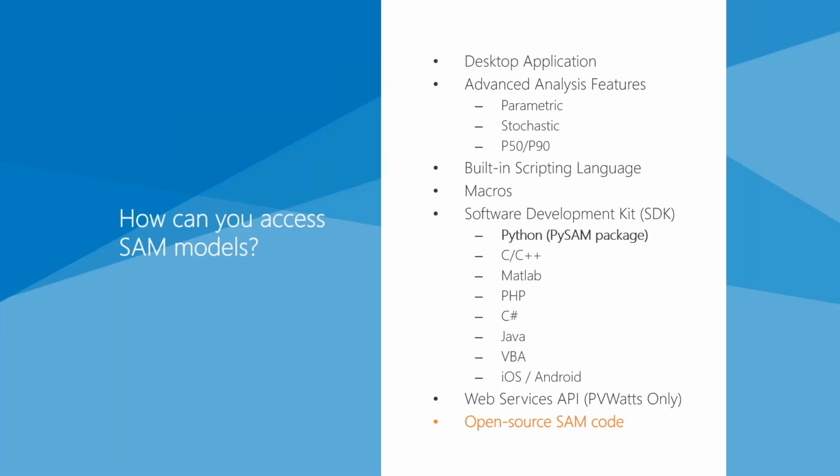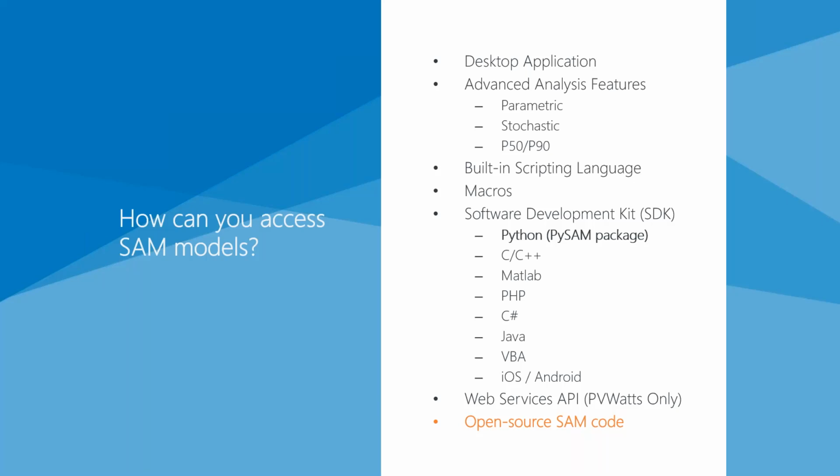There are a variety of ways to access the SAM models. The most basic one that we'll go over today is a desktop application. Within that desktop application, there are some advanced analysis tools such as parametric analysis, stochastic analysis, and within that stochastic analysis, probability of exceedance, such as your P50, P90 energy predictions.